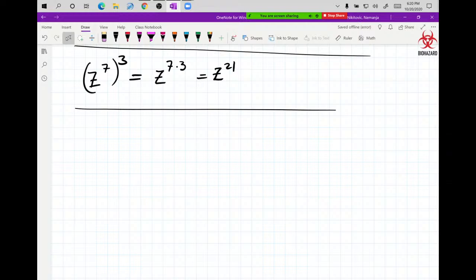How about 3x squared times x to the 9? What do you think?